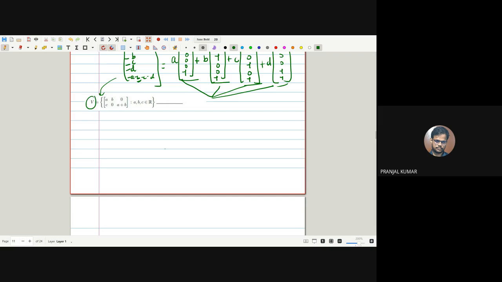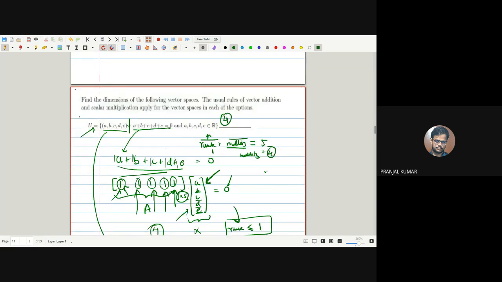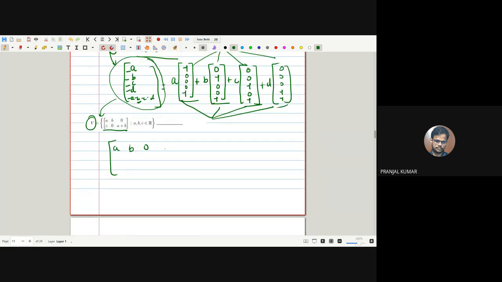Now I want you to apply the same thing here. They are asking what the dimension of this is. So how many free variables are there? See, here we had to write the general element after removing the equation which was given. Now they have directly given you the general element. So you have to count how many letters you can see: a, b, c. 3, right?